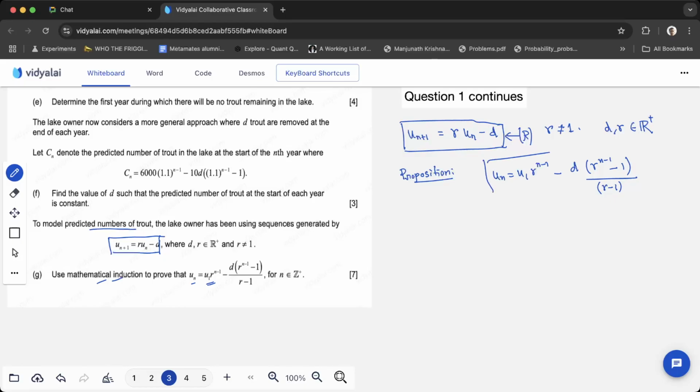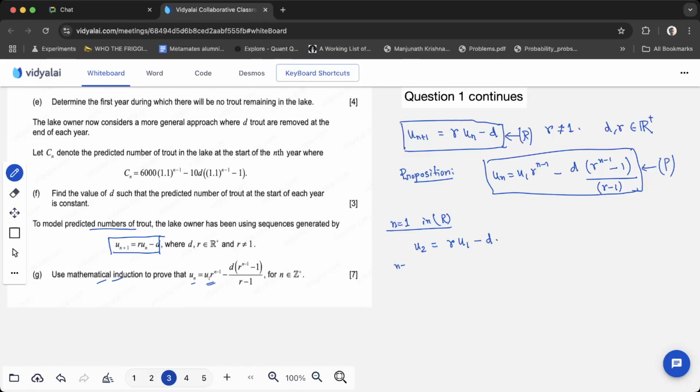Let's call this equation P, P for proposition. So start with n equals 1 in R. You get u2 equals r times u1 minus d.